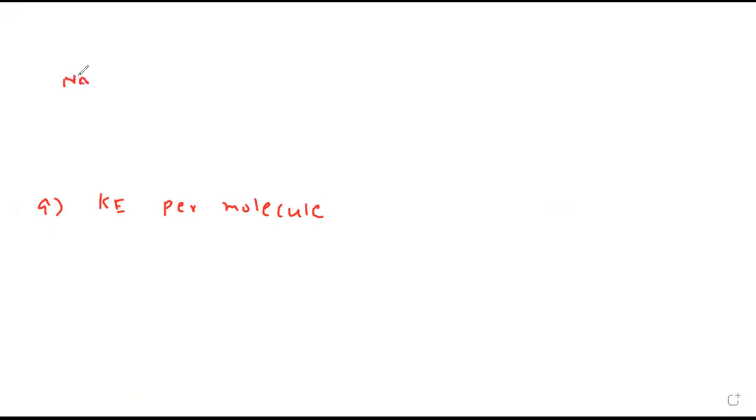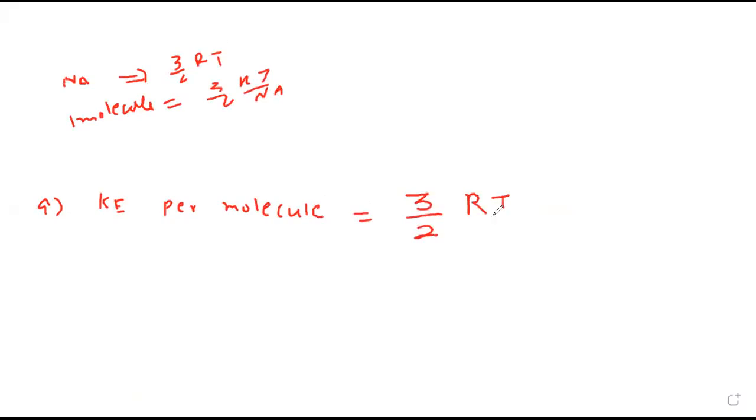So for 1 mole, our kinetic energy is 3 by 2 RT. So for 1 molecule, what will it be? 3 by 2 RT upon Avogadro, correct? So kinetic energy per molecule is 3 by 2 RT upon Avogadro number, or this can be written as 3 by 2 KT, where K is Boltzmann constant.